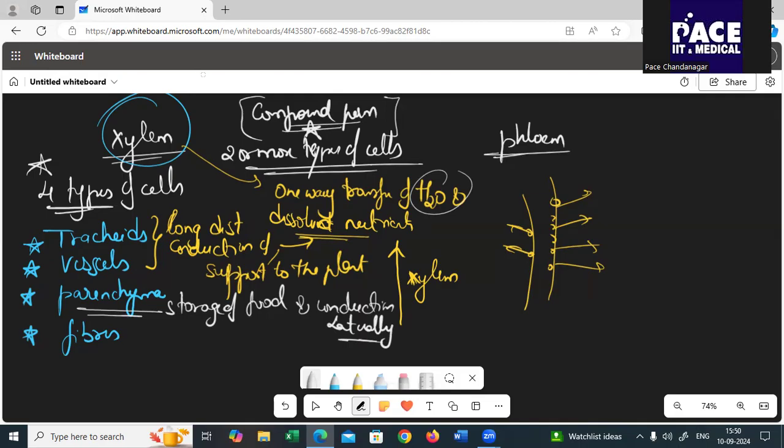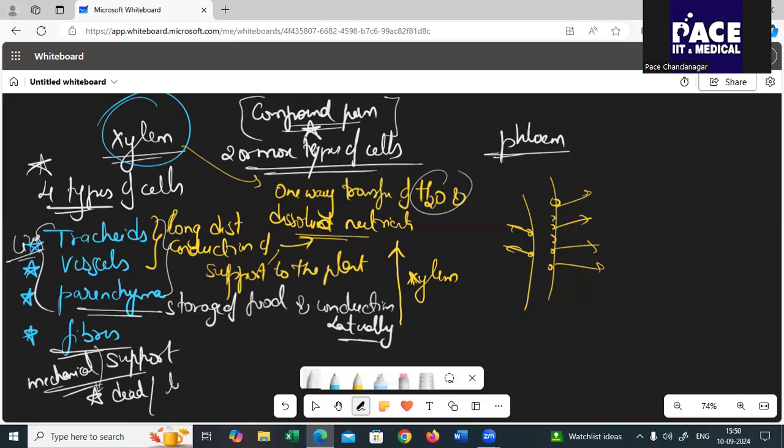And it again gives support. Fibers give any kind of mechanical support: the xylem fibers. They are dead and lignified. The xylem fibers are dead cells and the rest are all live cells, and the fibers provide that mechanical strength.